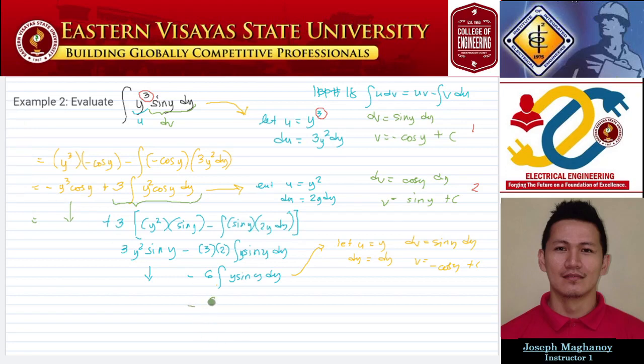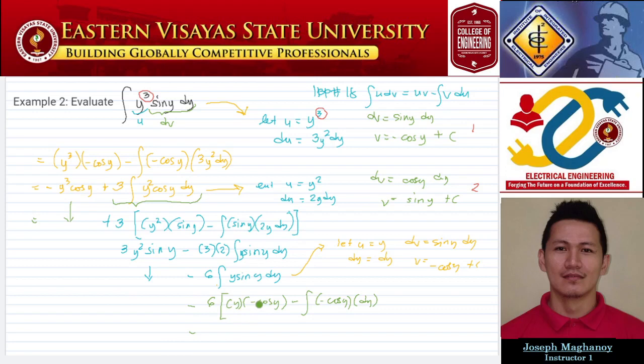Negative 6 bracket. So our u, that is y, our v is negative cosine y, minus integral of your v, negative cosine y, and your du is dy. Okay, 6 rationalize.